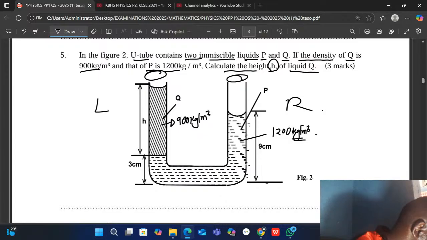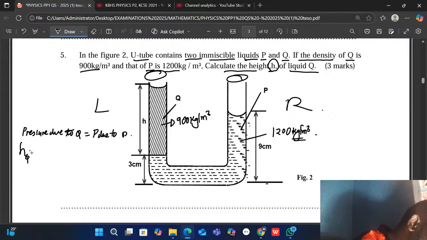Therefore, we can say pressure due to Q will be the same as pressure due to P. And therefore, height of Q times density of Q times g will be the same as the height of P times the density of P times g.